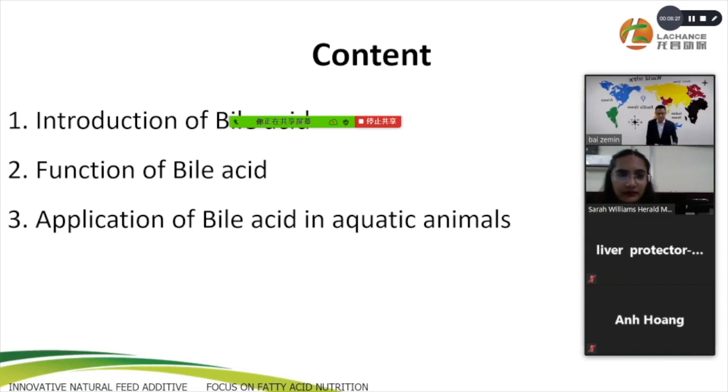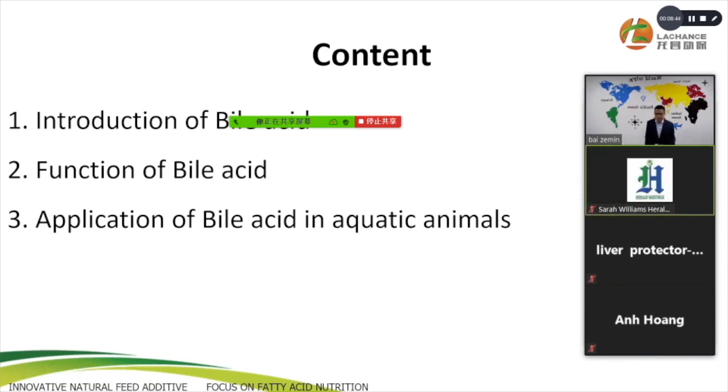I believe some friends, when they first heard bile acid, thought maybe this is an acid, but definitely it's not an acid. Later I will explain. The second part will be the function of bile acid, and the last one will be application in aquatic animals.